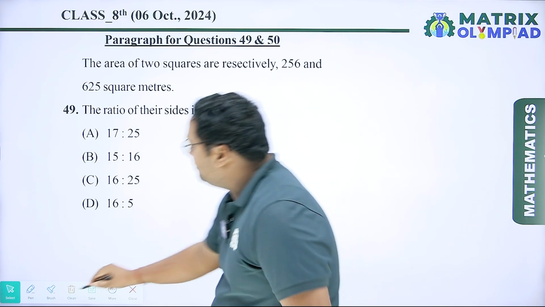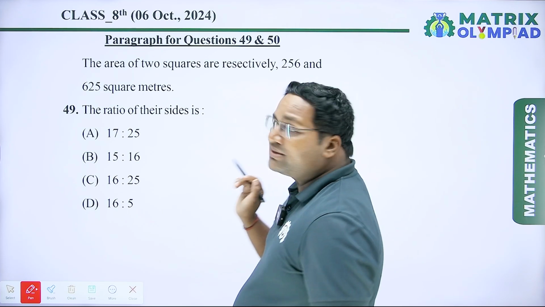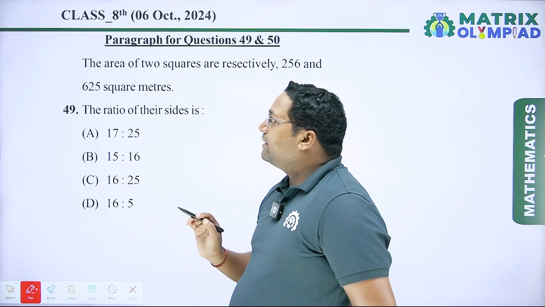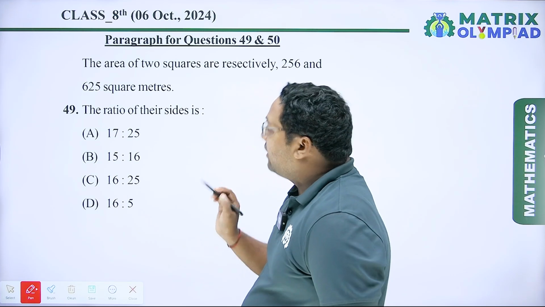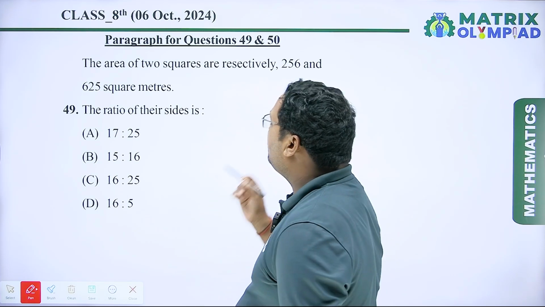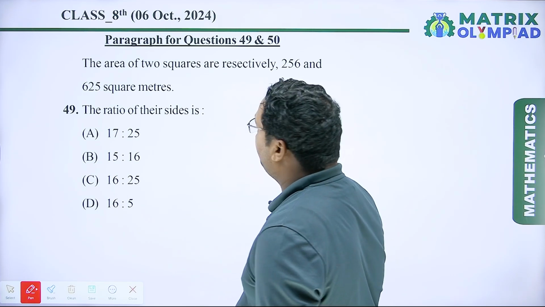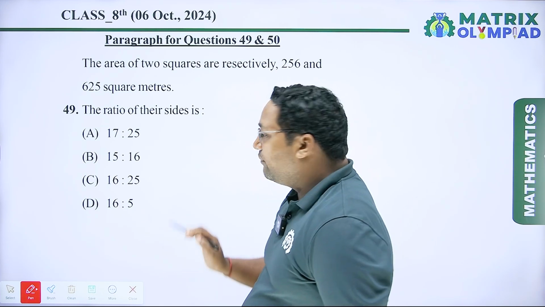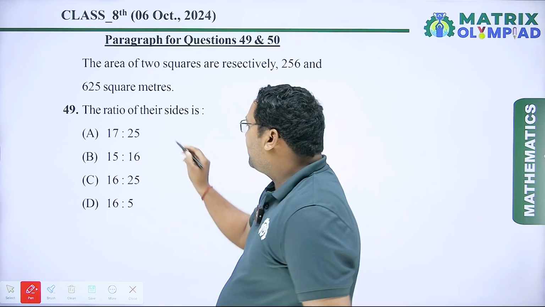Coming to the next question. The area of two squares are respectively 256 and 625 square meters. We have given the area of two squares, which is 256 and 625 square meter. The ratio of their sides is, we know the area of square is side square.